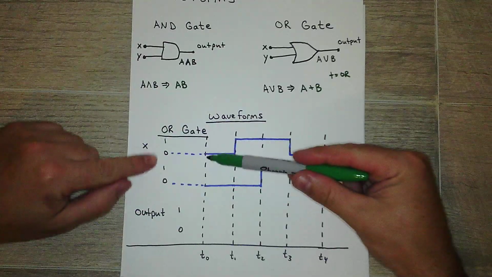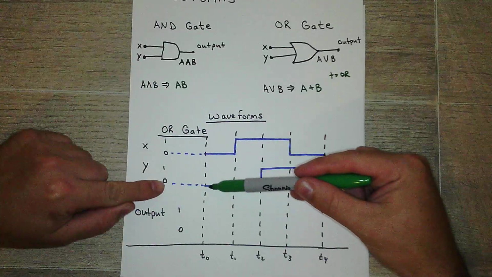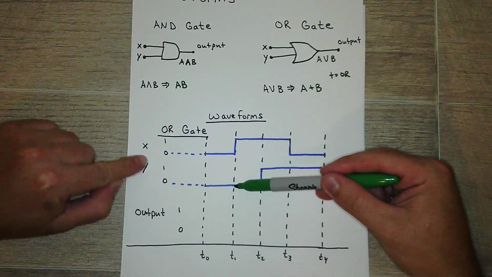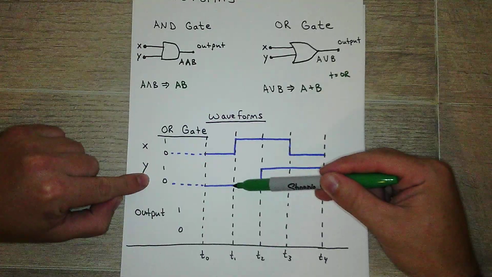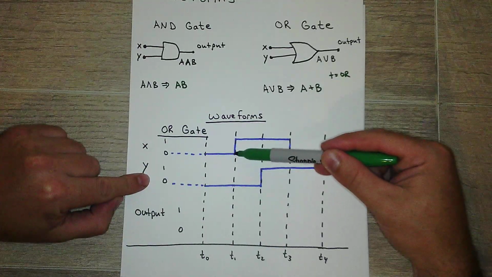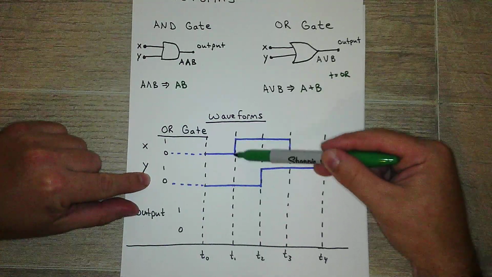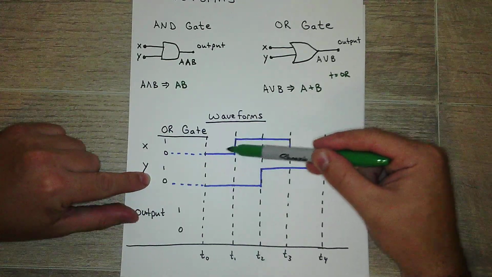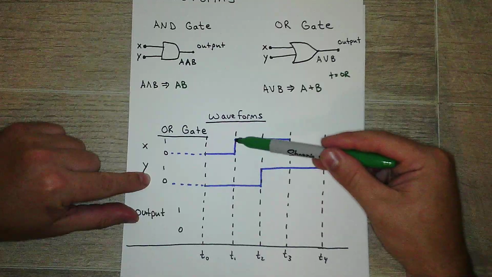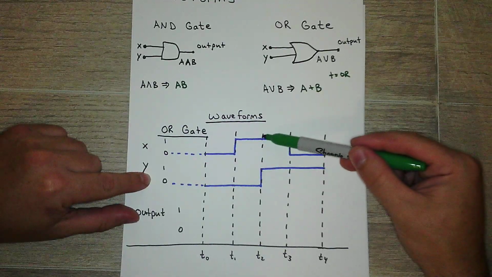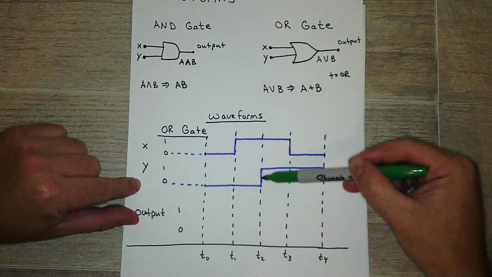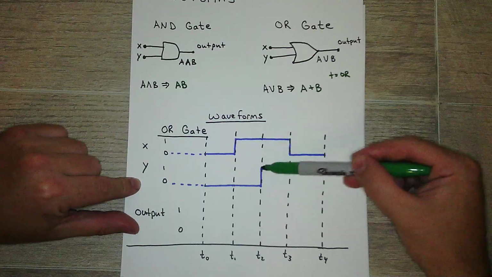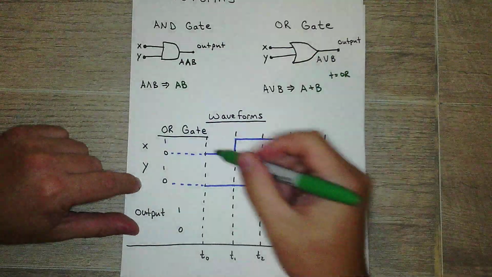So at time 0, they both are off. At time 1, the Y input is still off, or 0, but the X input at time 1 changes to on. So here is 0, 0, here we have 1, 0, X is still on, and now Y has come on. So now we have a 1, 1. Did everybody see that?